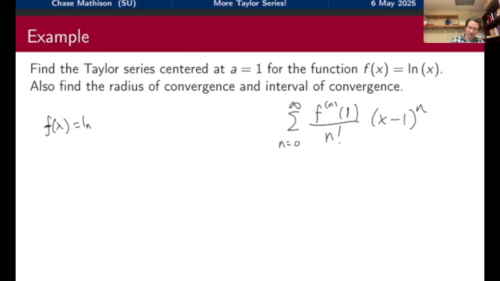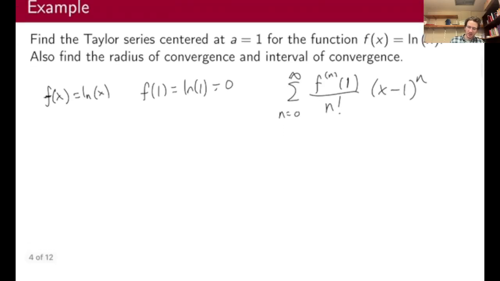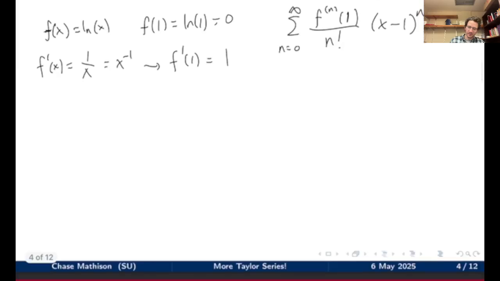So if f of x is natural log of x, then f of 1 is natural log of 1, which is 0. This also means f prime of x is 1 over x, which is the same thing as x to the minus 1. So f prime of 1 is 1.